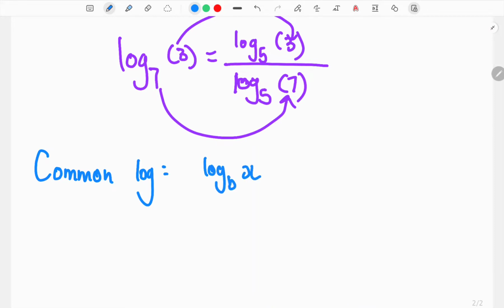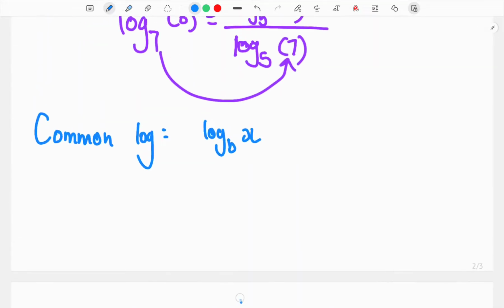And then there are also the natural logs, which involve ln, or ln of x.